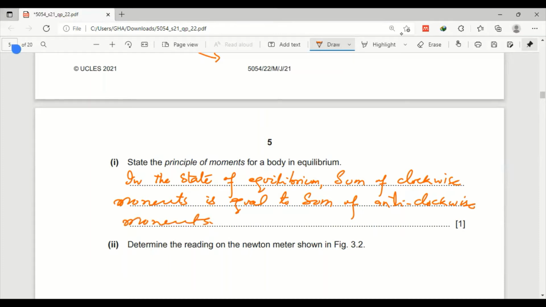So this is the principle of moments. Mean clockwise moments and anti-clockwise moments are equal if the object is in equilibrium.